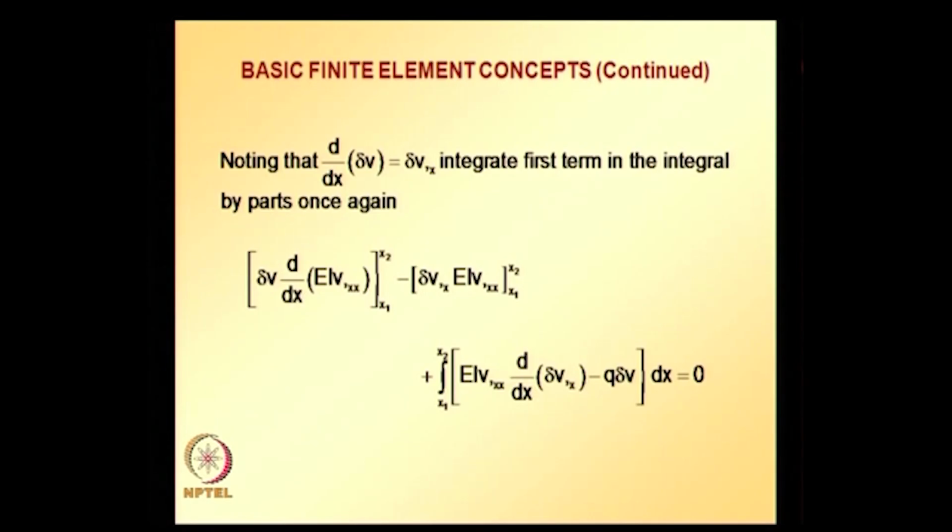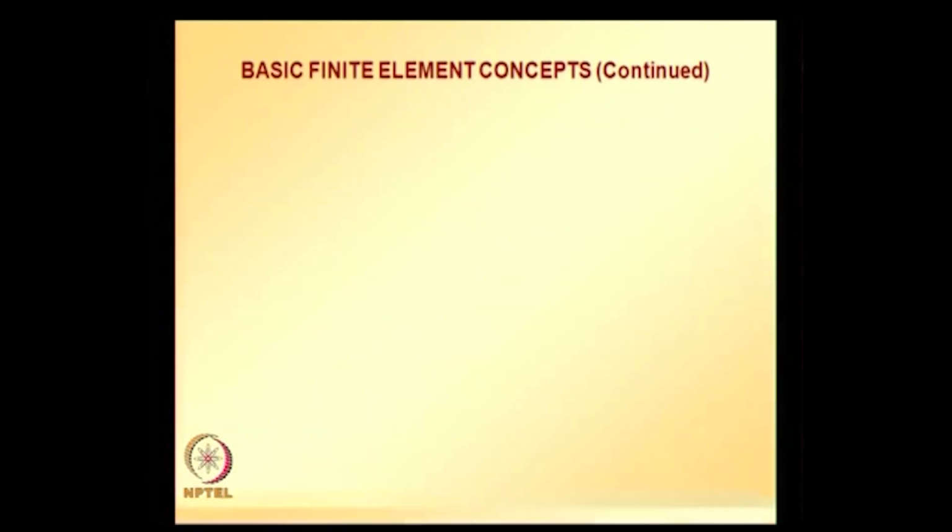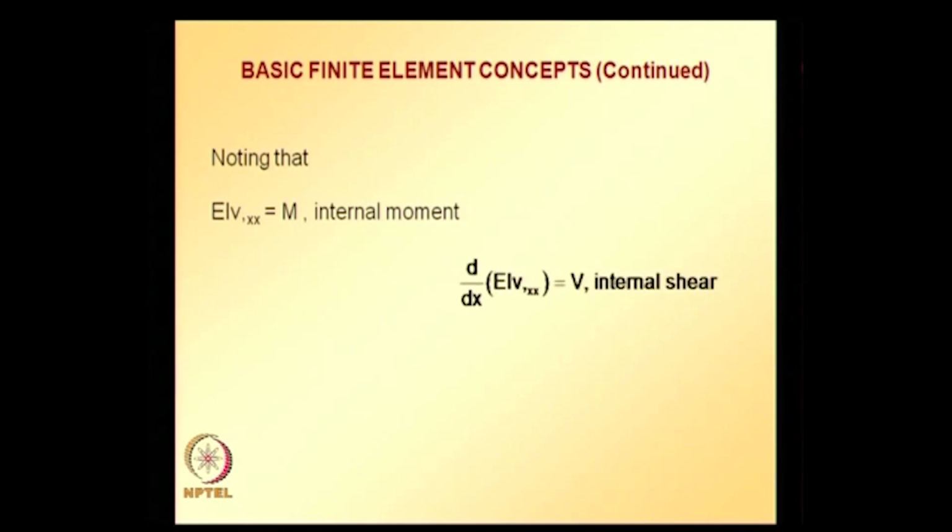And now wherever EI times second derivative of v appears, we can replace it with M, internal moment, and wherever EI times third derivative of v appears, we can replace that with internal shear, and also we can apply the variational identity to rewrite this equation. So, this is the relation between internal moment and transverse displacement, internal shear and transverse displacement.